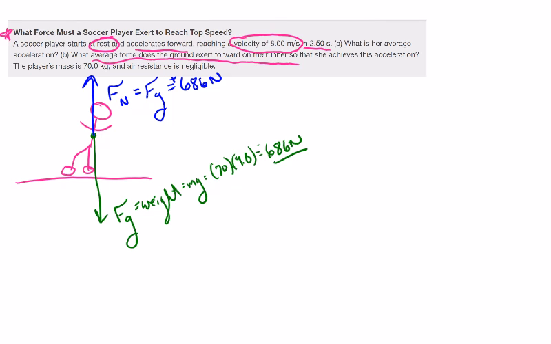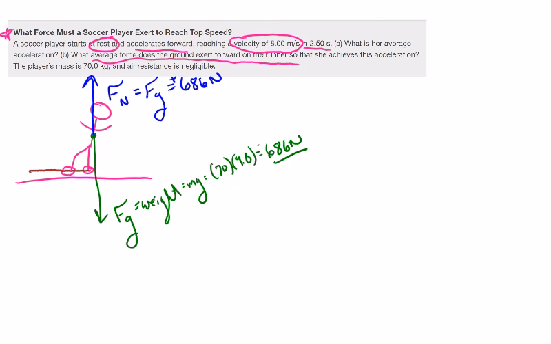Then when she actually pushes off of the ground, what really happens is she's pushing backwards on the ground. So I'm going to draw that as a force that her feet push back on the ground. But according to Newton's third law, if she pushes back on the ground, the ground is going to push forward on her.